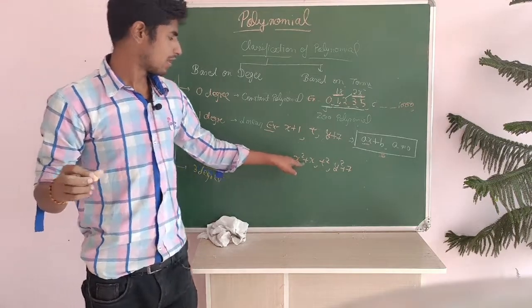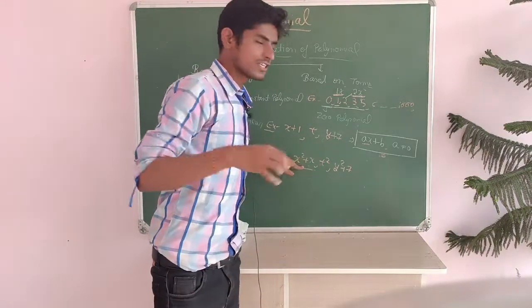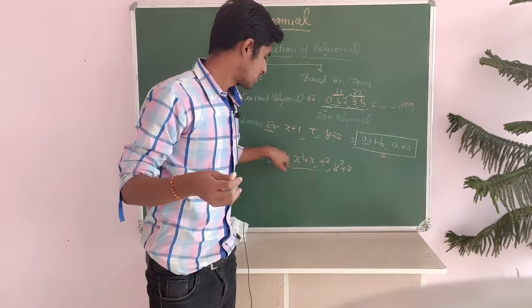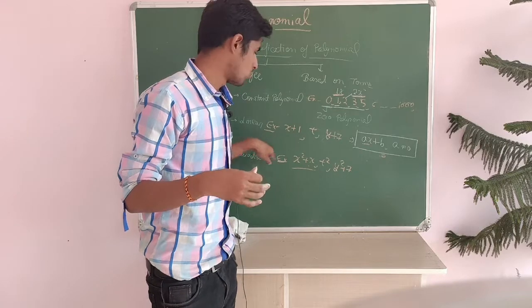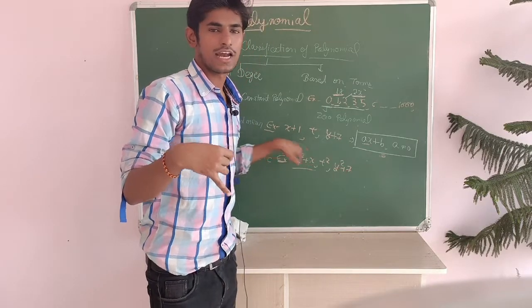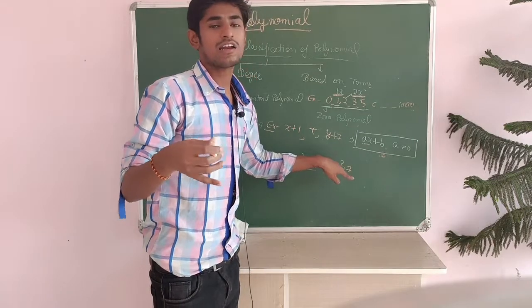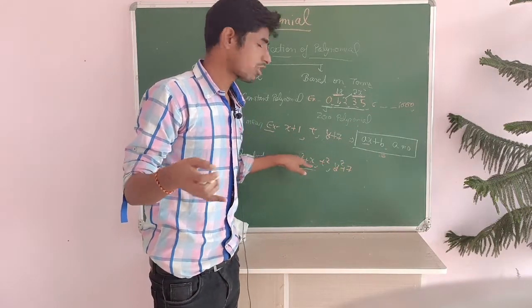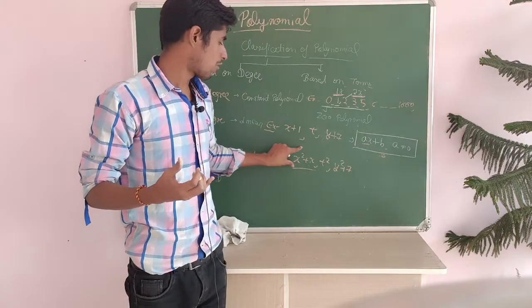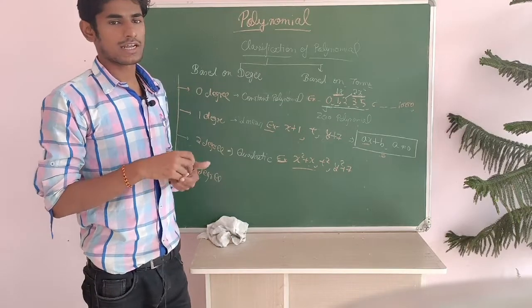Here the highest power is 2, which means the degree is 2, so all these examples are quadratic.